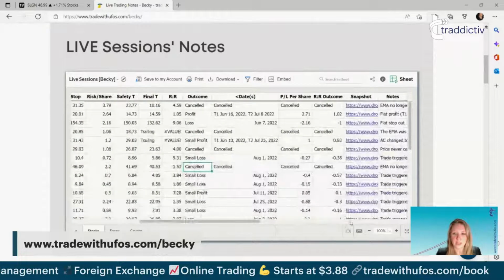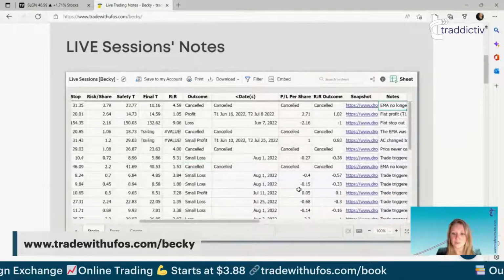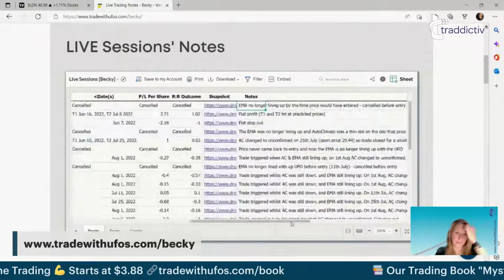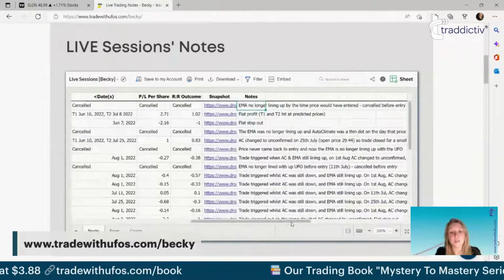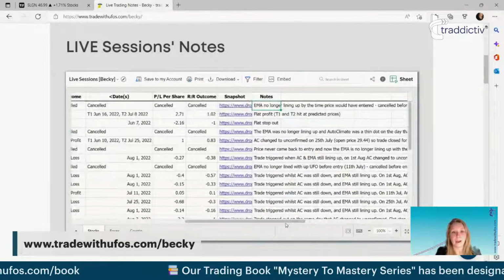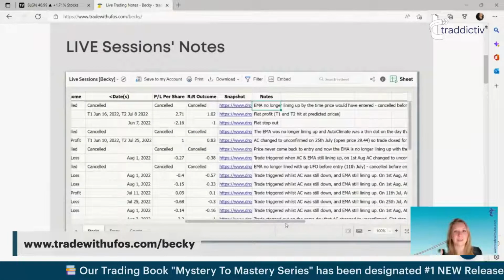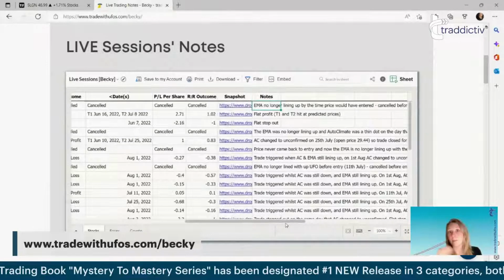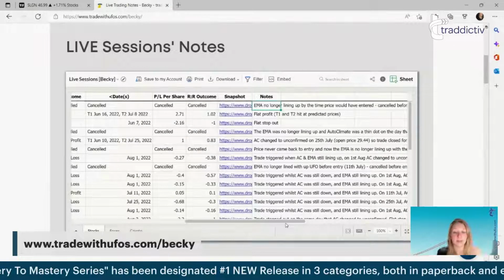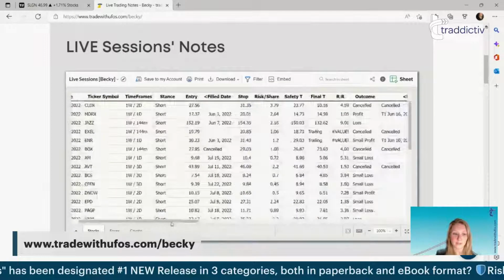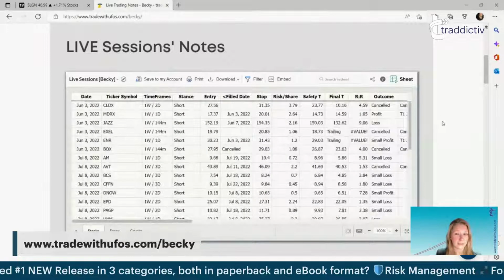If you scroll to the end, there are snapshots and notes that will explain why we've done certain things. So you can use this as a place to learn about why we would have cancelled a trade, why we might close out early or later, and explaining all of that. So a place that you can learn from here. We'll be using that today.